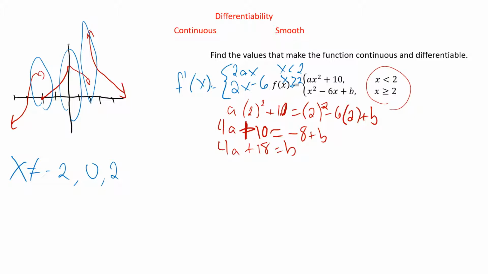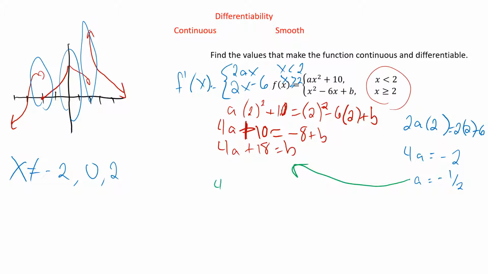So we're just going to plug 2 into those now. So we'll have 2 times a times 2 equals 2 times 2 minus 6. So that would be 4a equals 4 minus 6 is negative 2. Divide by 4, a equals negative 1/2. We're then just going to plug that right back into that equation.